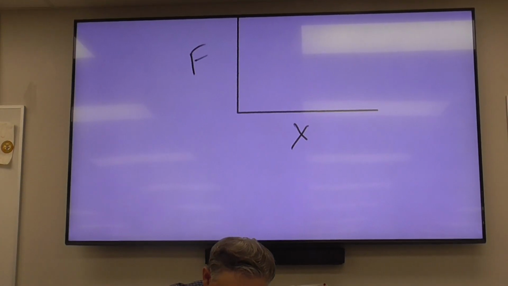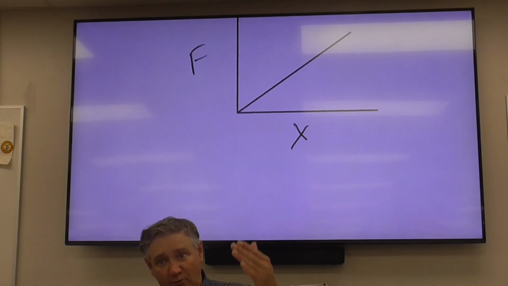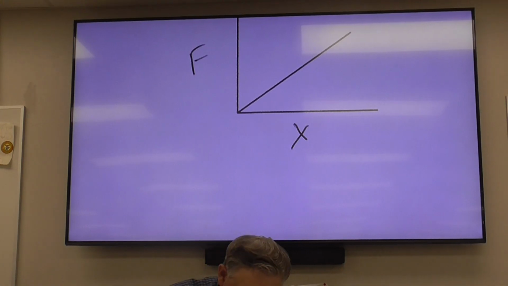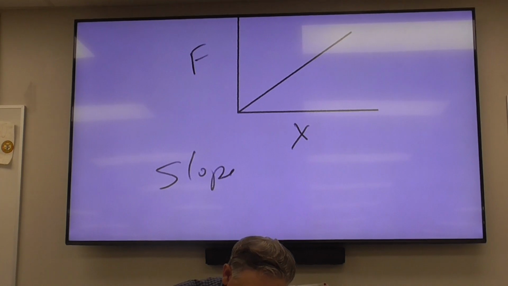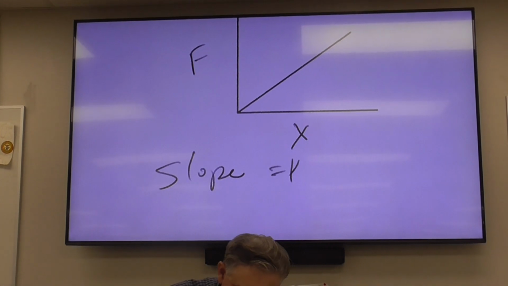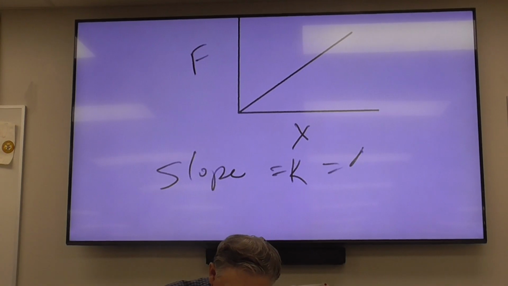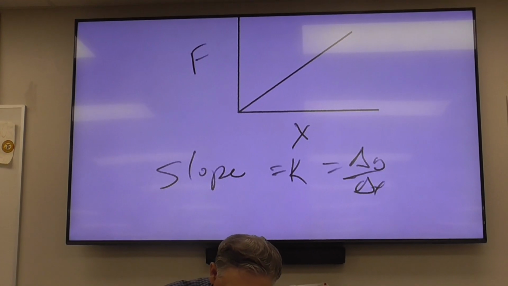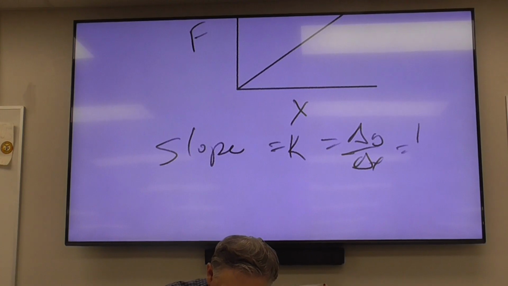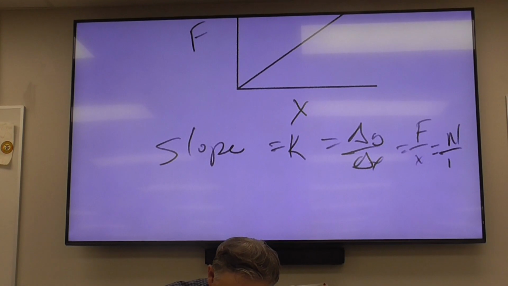The reason is that when you draw that slope, which you're going to do today, it represents your spring constant, the lowercase k, which is change in y over change in x. So that's got to be force over elongation, which is newtons per meter.